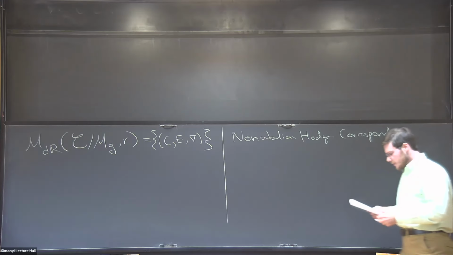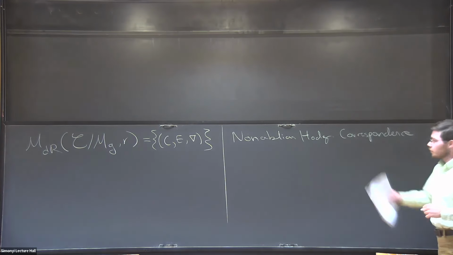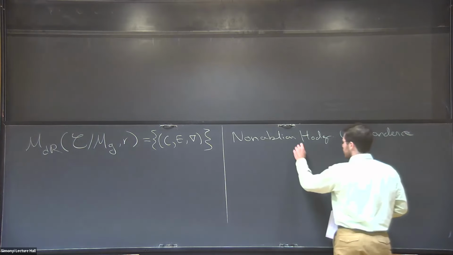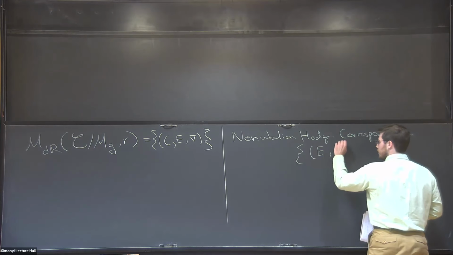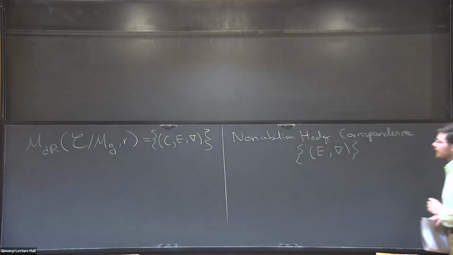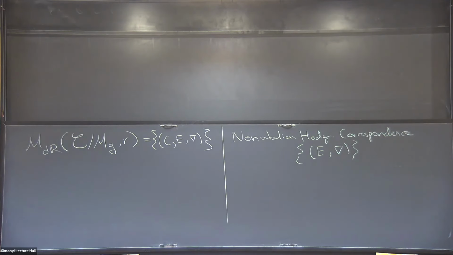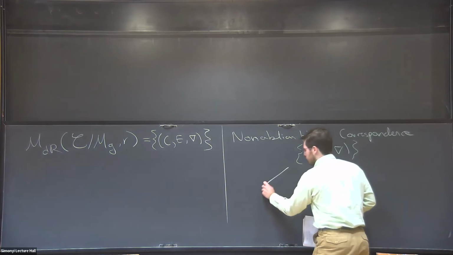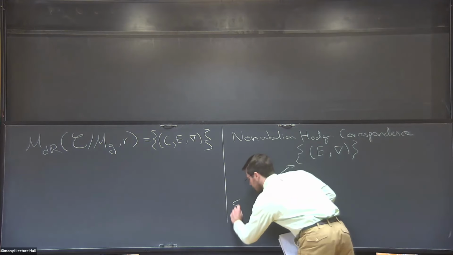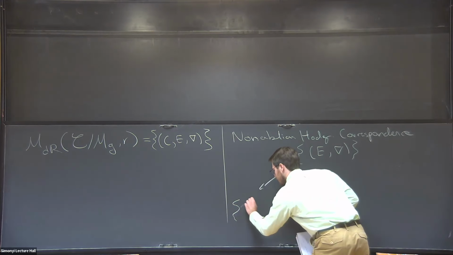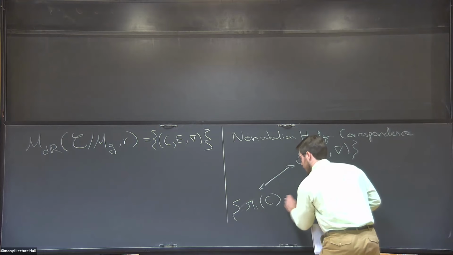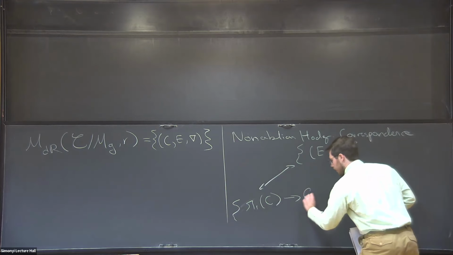Okay. So there is one object at play that we've already seen, which are these flat vector bundles on any variety. And going back to Riemann and Hilbert, these are known to be equivalent to representations of the fundamental group of my variety.